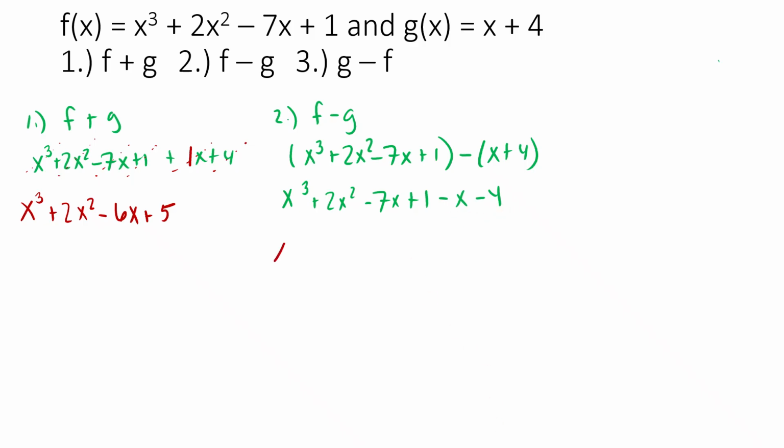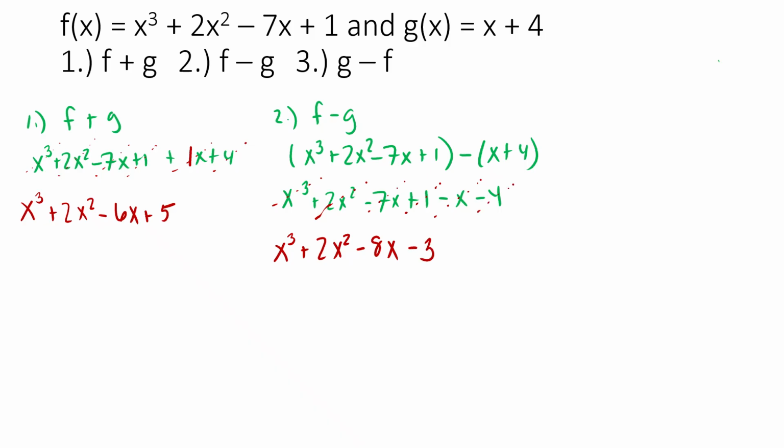Okay, now combining like terms, we have x to the third. We once again have nothing to combine that 2x squared with. Here we have negative 7x minus another x, which is going to give us negative 8x, and 1 minus 4 is negative 3.